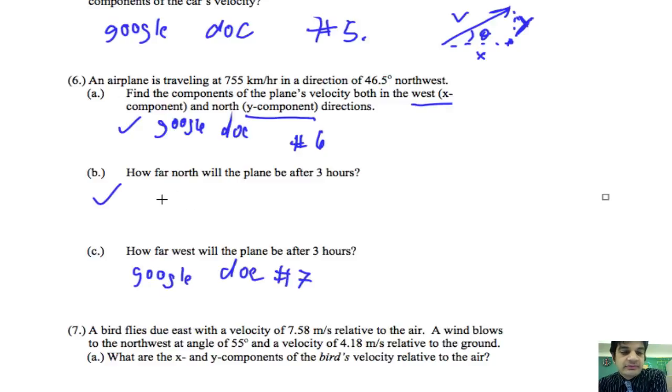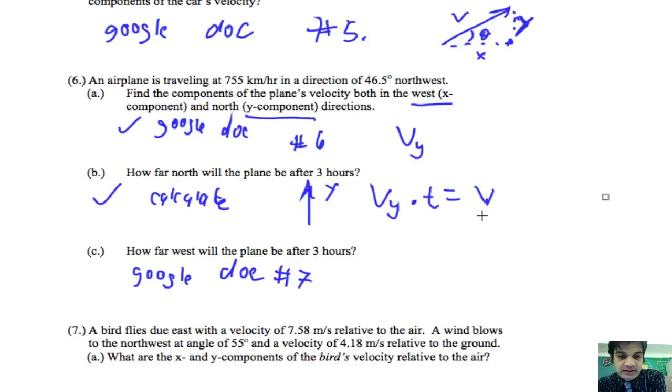What I want you to do is calculate this just for practice and realize that if we're going north, north is the y component. So we're going to take this Vy from here and multiply it by the time to get the y that you actually travel. And similarly here, I'll let you figure that out.